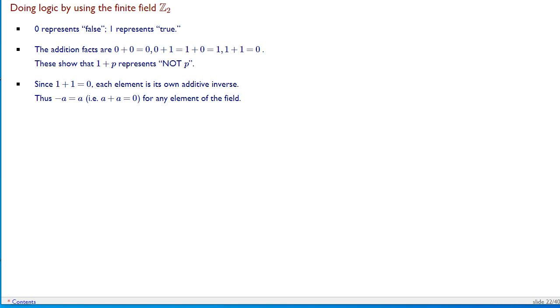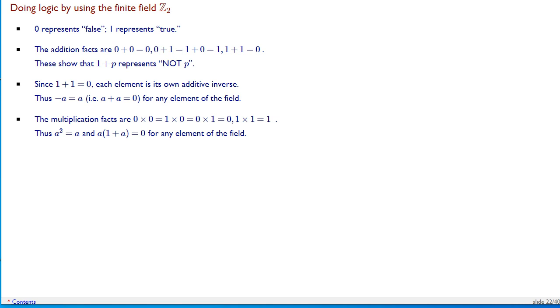Because 1 plus 1 equals 0, every element in the field Z2 is its own additive inverse, and this applies even to something that you know only as an algebraic quantity. You can always replace minus A by A. Anytime you see A plus A, you can replace it by 0. This is going to simplify computation immensely.